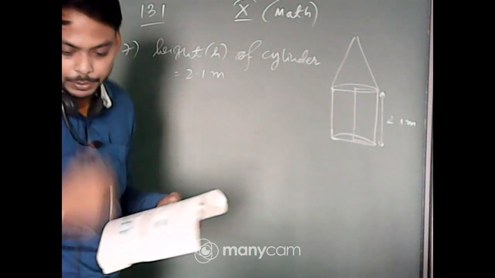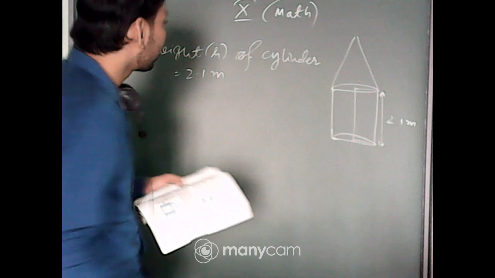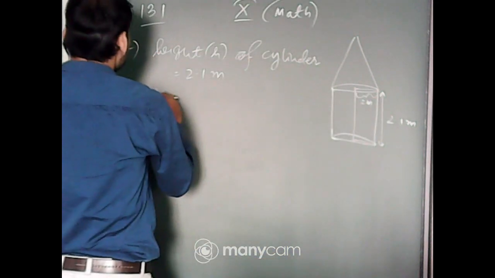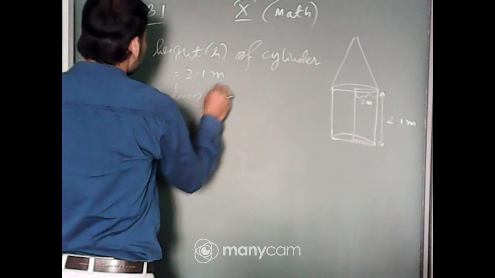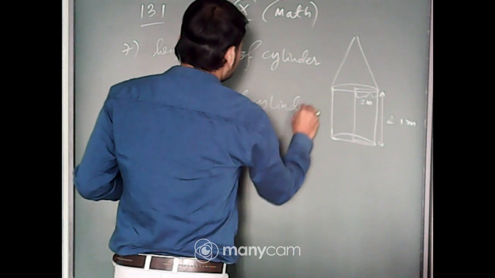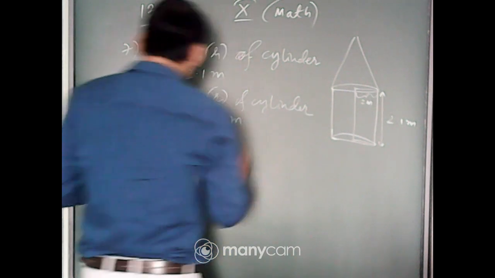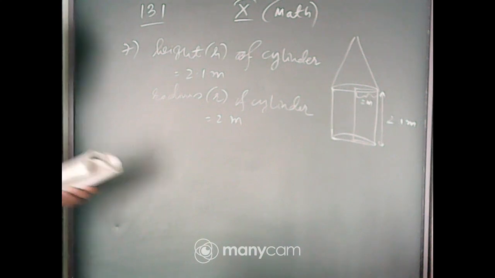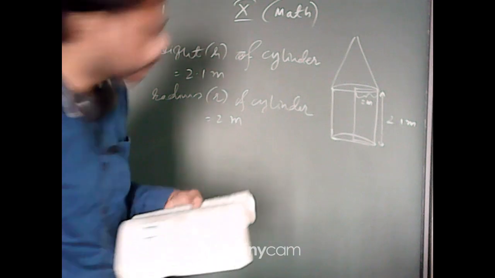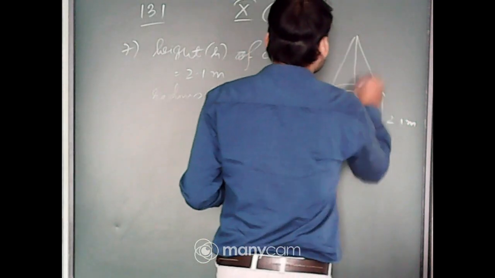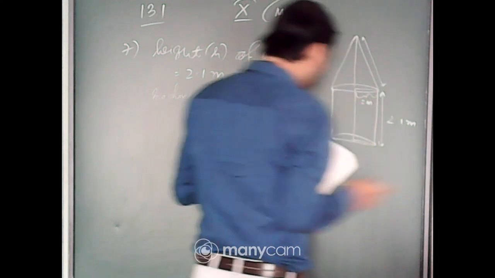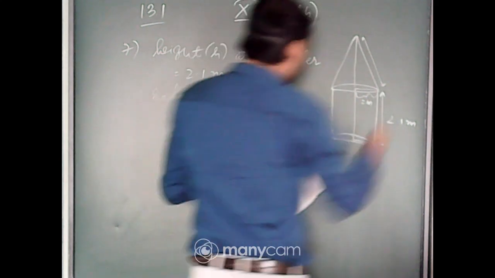So the radius of the cylinder is 2 meter. And the slant height of the top, that means the cone, that is L, is given as 2.8 meter.